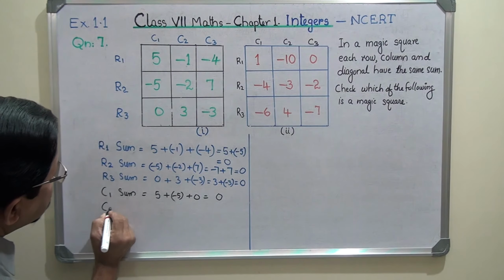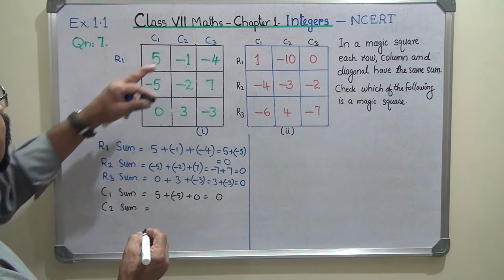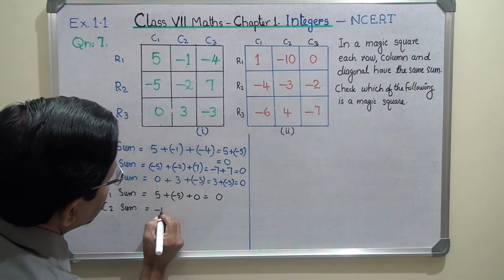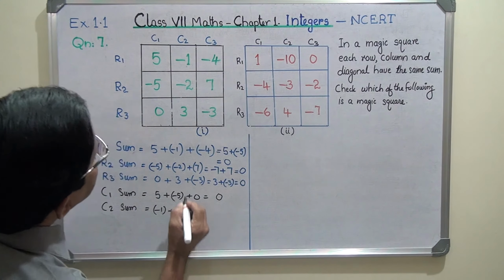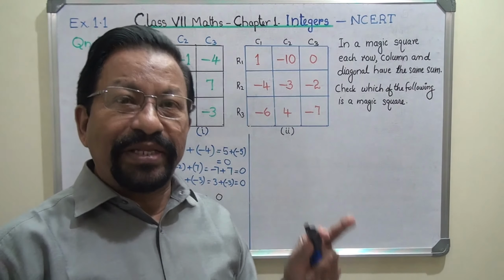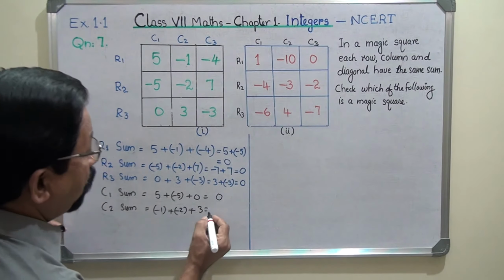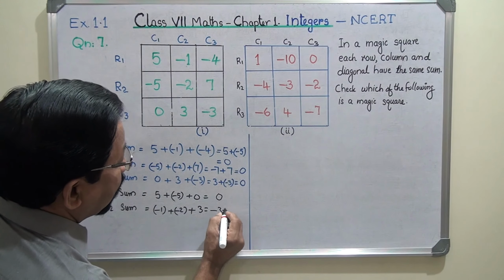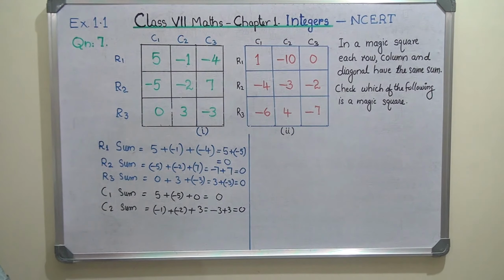Again, column number C2 sum: minus 1 plus minus 2 plus 3. What is the answer? Sum of two negative numbers, minus 1 plus minus 2, is minus 3, plus 3, which is equal to 0.